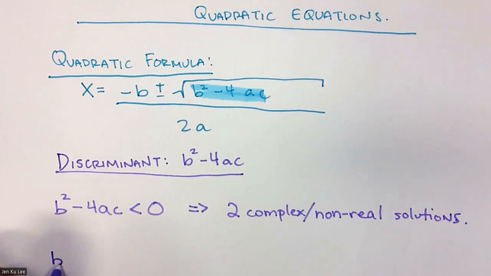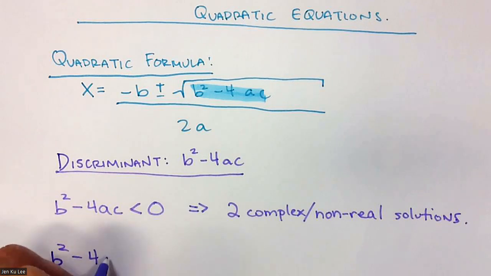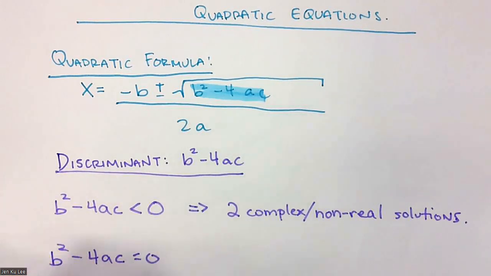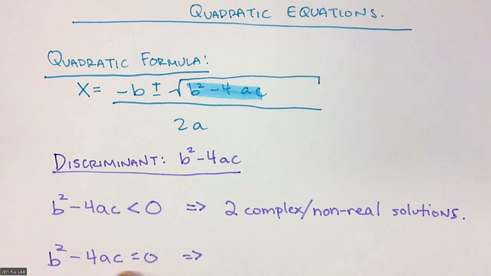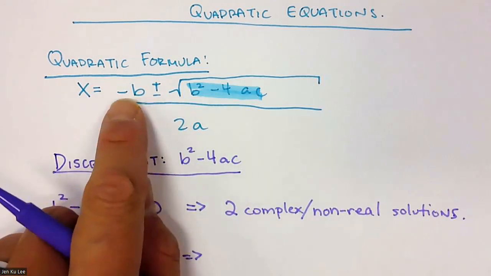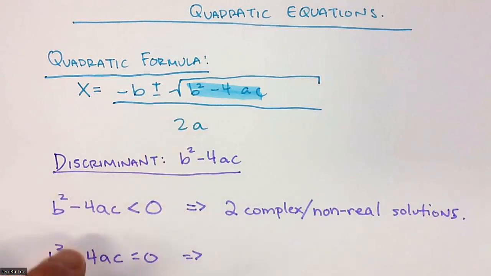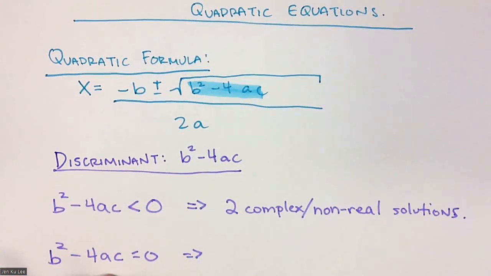If b squared minus 4ac, the discriminant, is equal to 0, what type of solutions would I have? Do I have 1 solution or 2 solutions? I would have one solution, because it's negative b plus the square root of 0, which is 0.